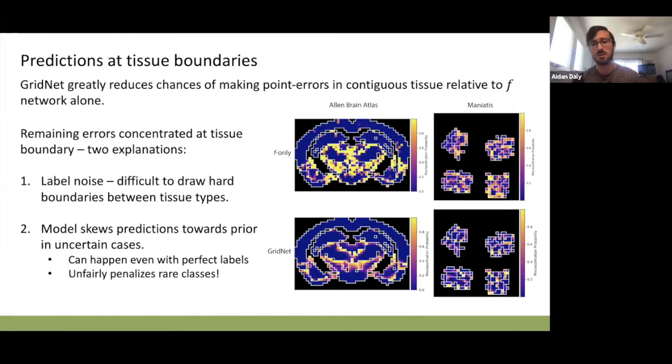The way that we determined this was looking at the predictions at tissue boundaries, so regions where 2 different types of tissue meet. We found that applying GridNet greatly reduces the chances of making an error in a region of contiguous tissue. Here I have these prediction accuracy maps.